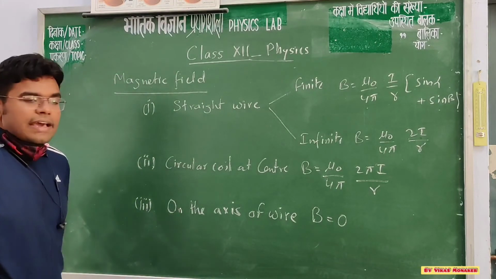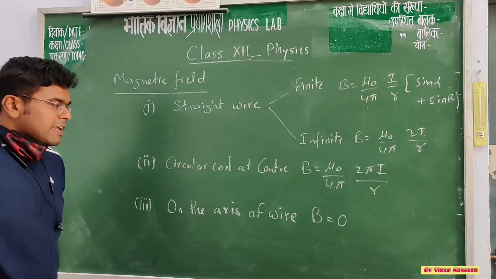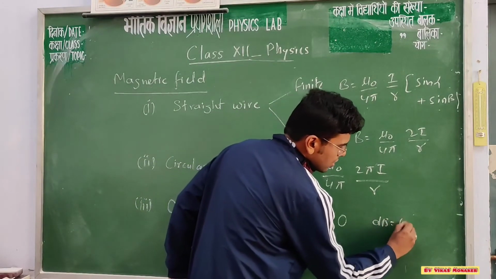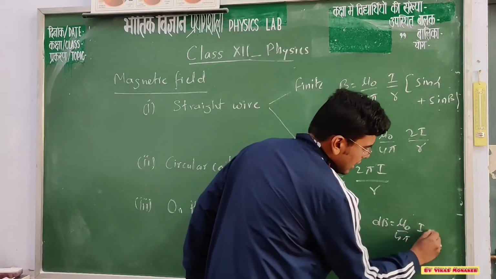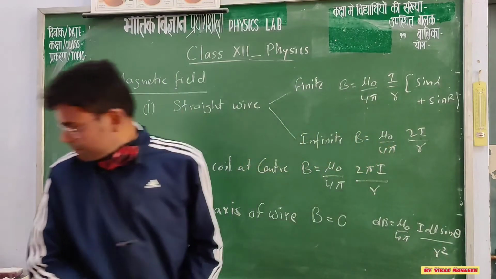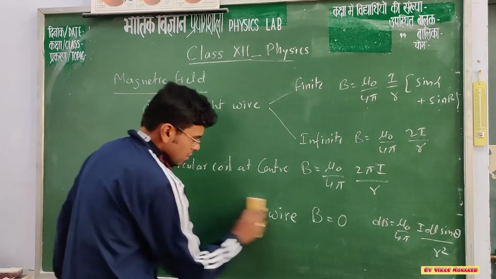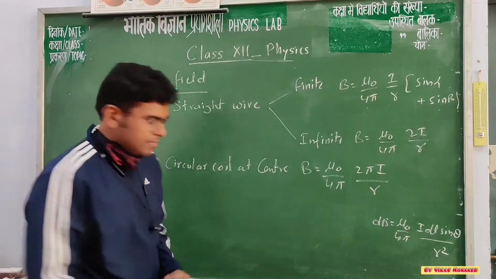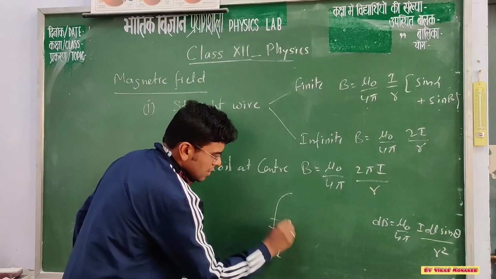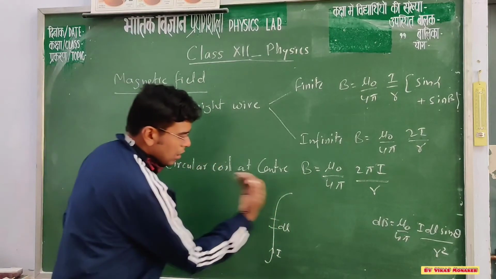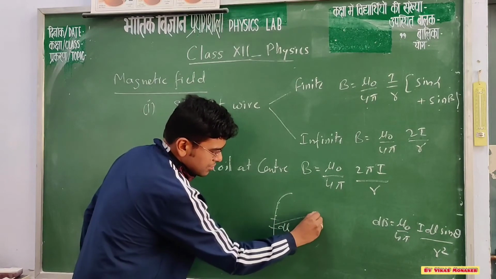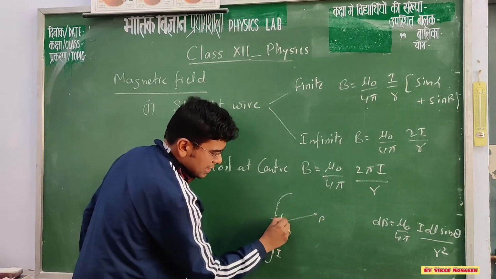On the axis of the wire, the current carrying wire, the magnetic field is 0. You know the Biot-Savart law, dB equals mu naught upon 4 pi, I dl sin theta over r square. So if you find out the magnetic field, this is the wire, current I is flowing, this is dl. Then the magnetic field will be around it. If you find it outside the wire, suppose this point P, this is the angle theta.